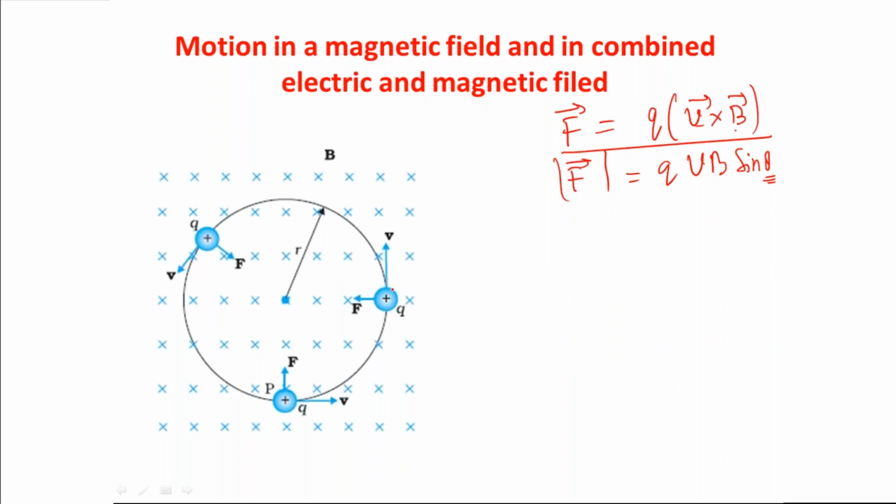Okay, and look, the direction of the velocity is already given. Suppose I'll just take here, this is going into the page. Suppose the motion of the charged particle is in the horizontal plane.